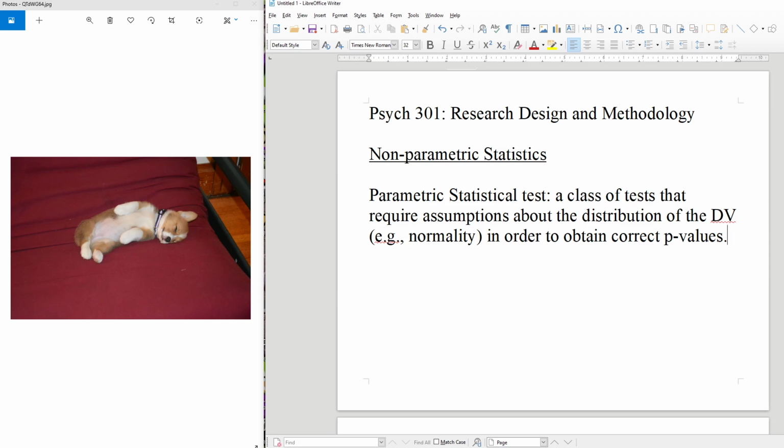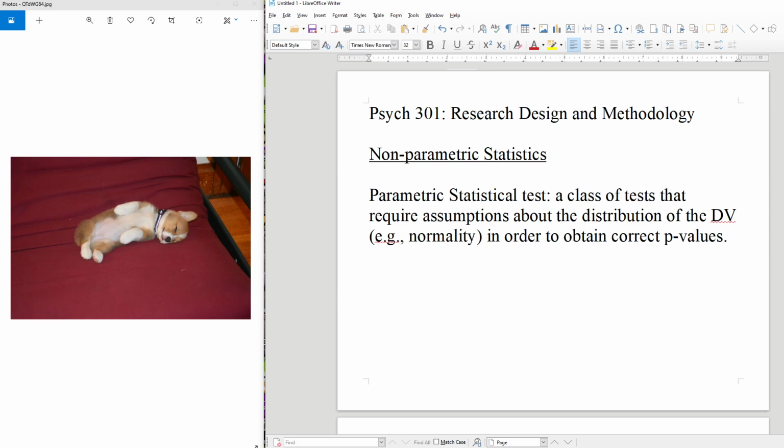That is, you won't actually be testing at alpha equals 0.05 if you use the numbers in the back, if you don't meet the assumptions. And so you might be testing at alpha equals 0.04 or 0.06 or something like that instead, because you haven't met the assumptions of the test.